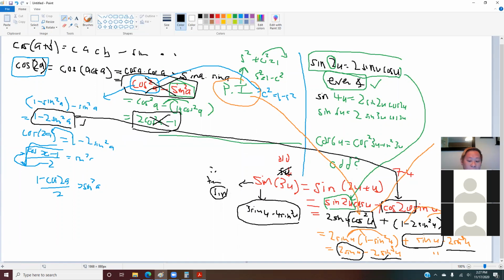You guys okay here with this? I want you guys to go home and try to figure out what cosine 3u is in terms of cosine only. And I can give you the answer: 4 cosine cube u minus 3 cosine u.